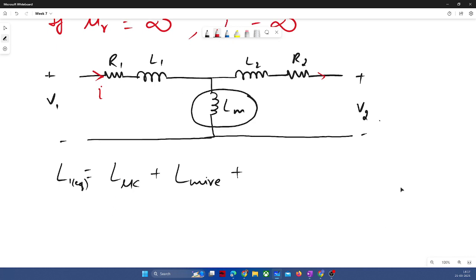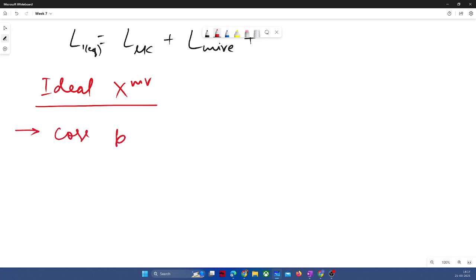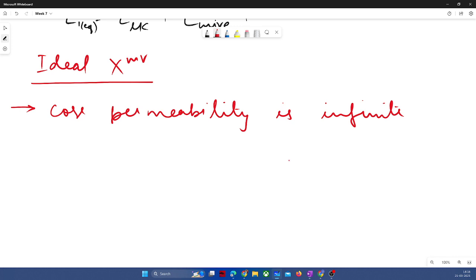Let us suppose your transformer is an ideal transformer, where we say core permeability is infinite. Then the input power is V1 and I1.